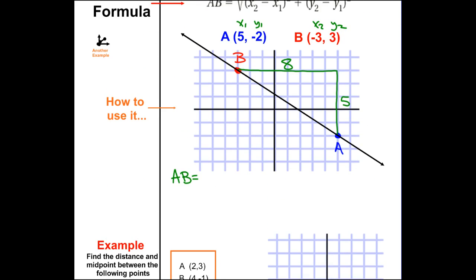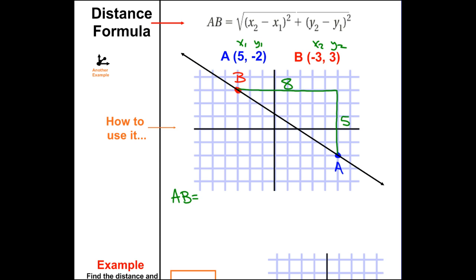All right, so AB is going to equal the square root. In parentheses, I'm going to do x2, which is -3, minus x1, which is 5, and square that. Then I'm going to add y2, 3, minus y1, -2, and square that. So we'll do some simplifying.